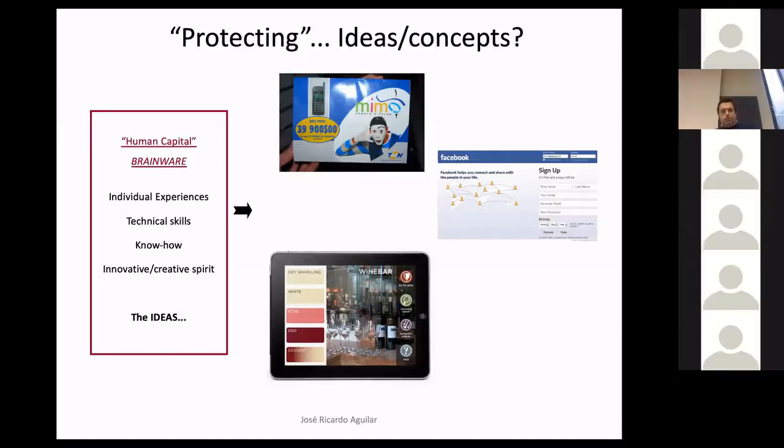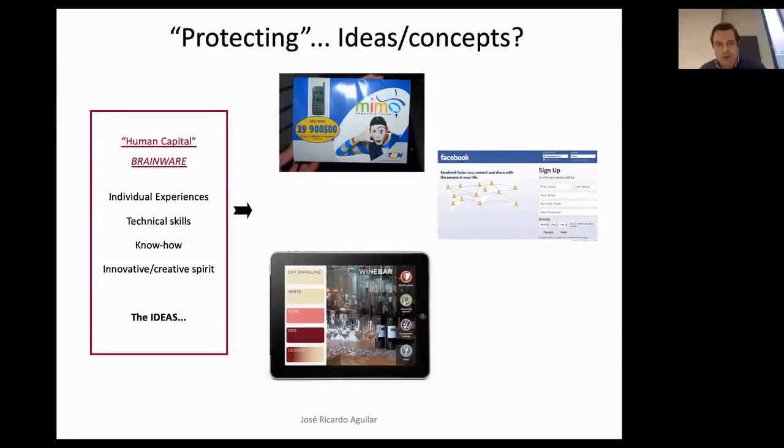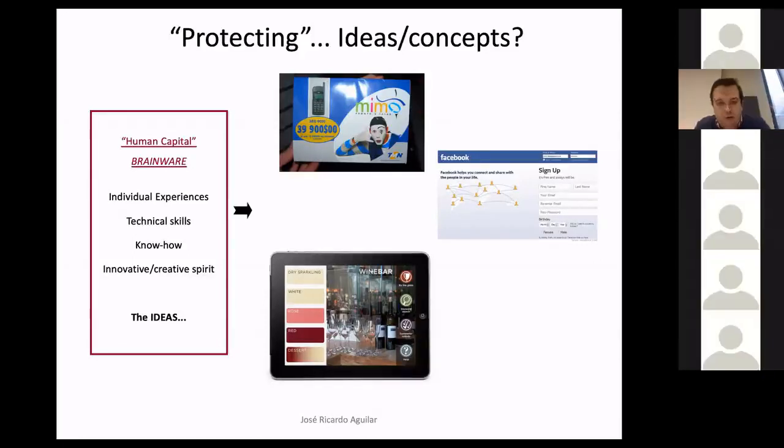So the common point of these 3 cases is that in all of them, the first creator, the first one that developed these 3 ideas, prepaid phones, social network, and an app to show wine lists, was not able to assure a monopoly when we think about broad ideas.